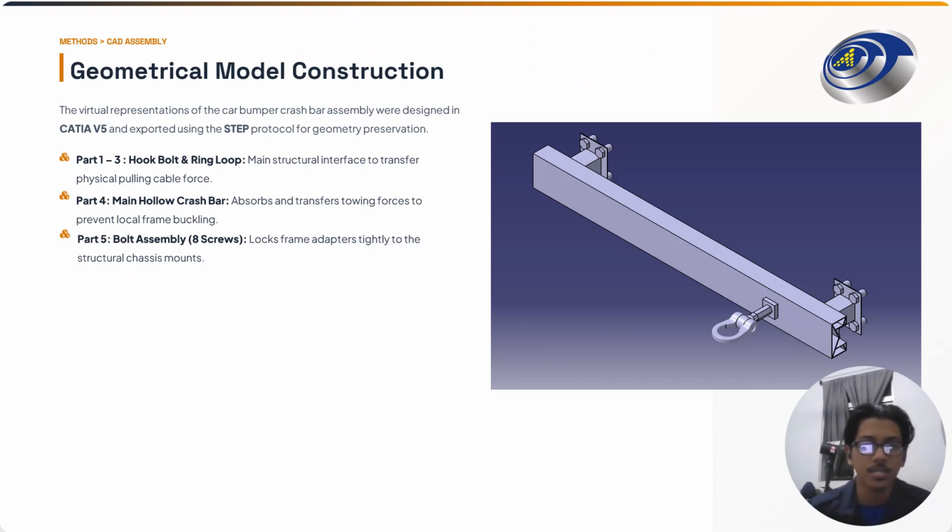We started with the beam itself, which is part 4, and then we made the assembly for the tow hook, which consists of the tow ring, the tow hook, and the tow lock nut. And for the final part, we designed the bolt assemblies, the bolt fasteners.